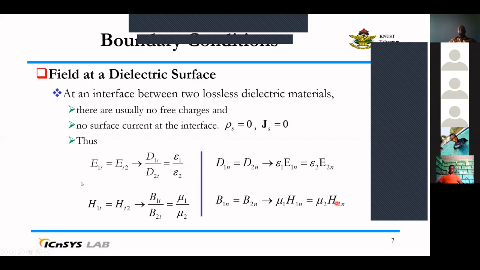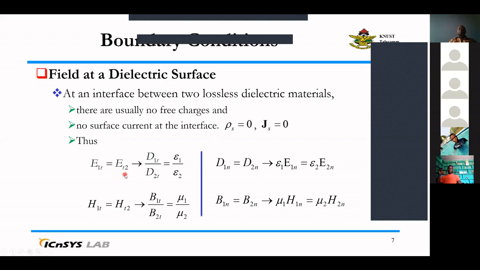So if we are required to express the boundary conditions at the interface between two dielectric media, this will be the case. What is the example of this? An example of this will be, for example, you have a submarine. A submarine is a ship that floats underwater and above water, depending on the requirement.